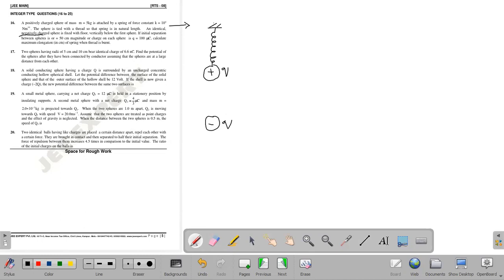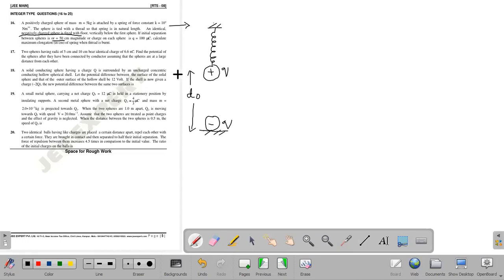The negatively charged sphere is fixed to the floor, right? And these two are separated by an initial distance of 50 centimeter. Let it be D naught. This D naught is given as 50 centimeter.